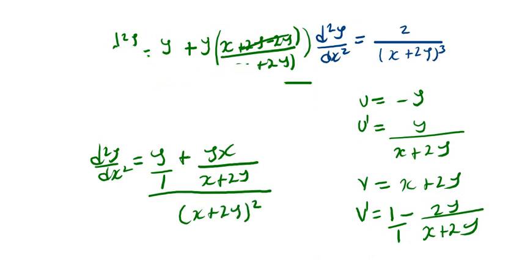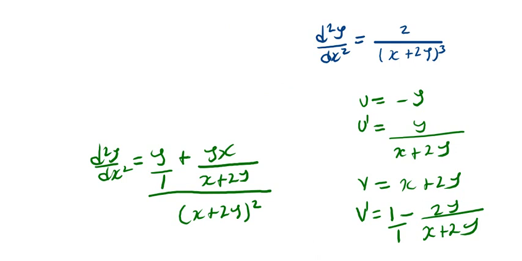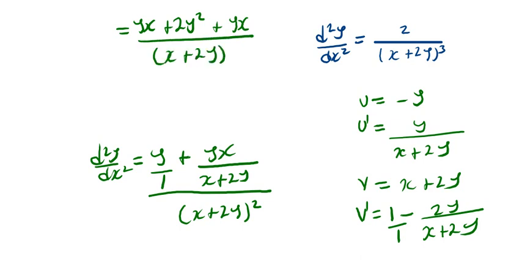Okay, this was a bit longer than I expected actually. Now you can make the numerator a single fraction, and that's just going to give you yx plus 2y squared plus another yx there. Remember this one now is just going to be your x plus 2y to the third, because you have this one to multiply by that one there on the denominator.